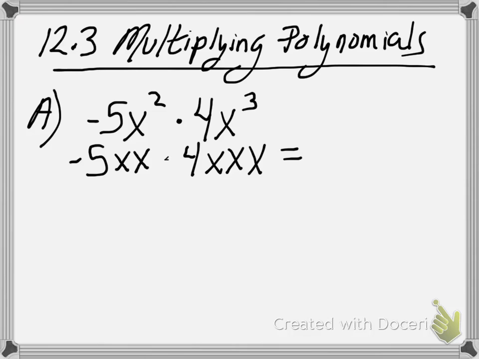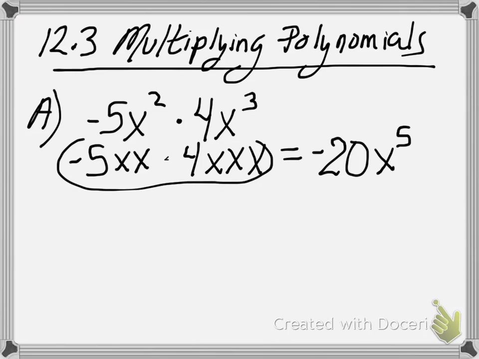So if I look at it that way, think back to 12.1, negative 5 times 4, those are just regular numbers, so that makes negative 20. And then if I have 2 x's times another 3 x's, then I have 5 x's, so I can call that x to the 5th. So if you get confused, remember, you can write it out the long way. I can't add these, but I can multiply them.